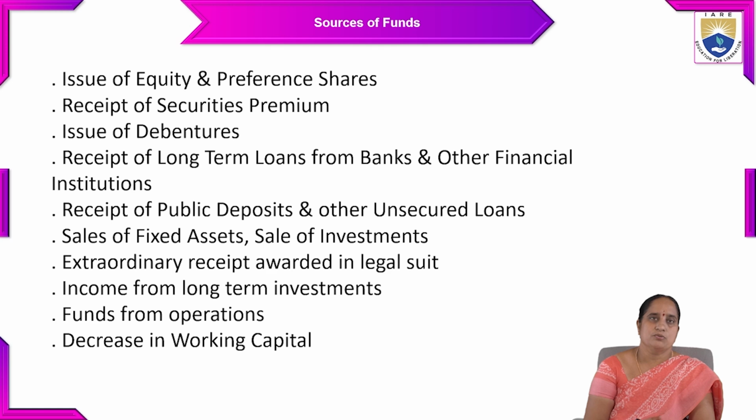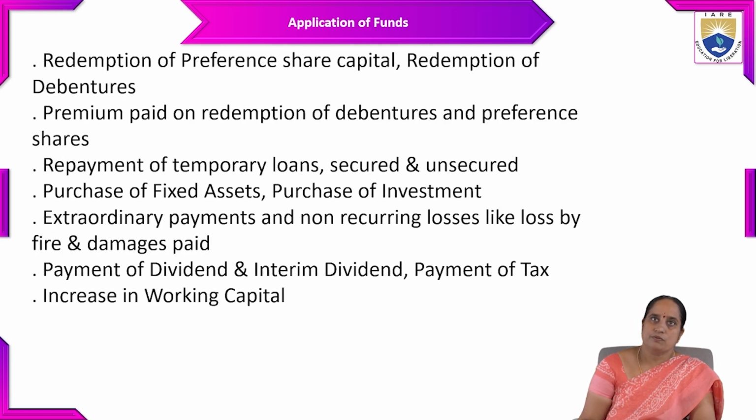Companies also raise funds by issuing debentures, by receipt of long-term loans from banks and other financial institutions, and the receipt of public deposits and other unsecured loans, sale of fixed assets, sale of investments. And sometimes we should also consider extraordinary receipt awarded in legal suit, income from long-term investments, funds from operations, decrease in working capital. These are all known as sources of funds.